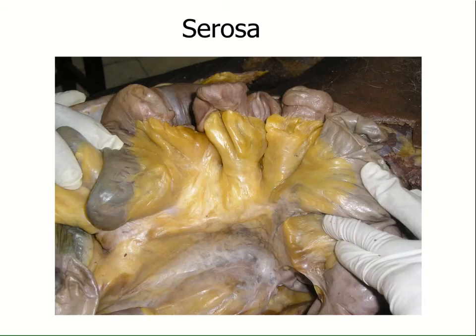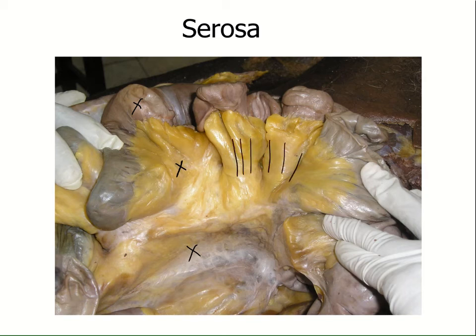In this image, you can identify the small intestine here and the mesentery of the small intestine here. This is the posterior abdominal wall and the structures lying behind the peritoneum, which are retroperitoneum. Now this mesentery here is formed by two layers.